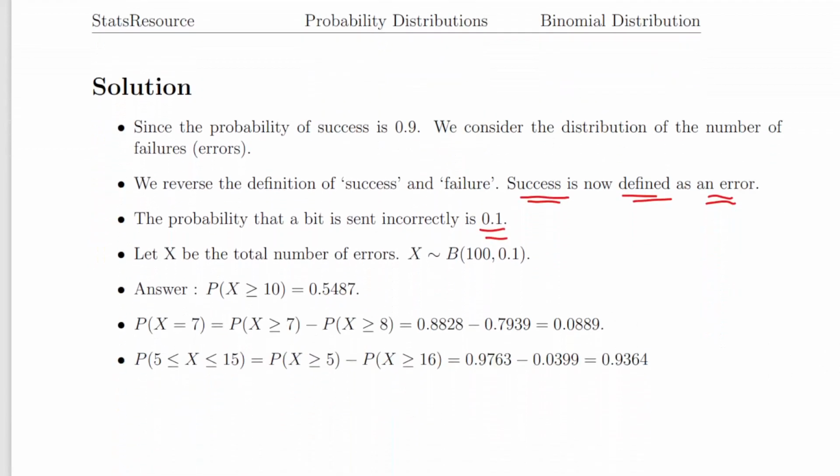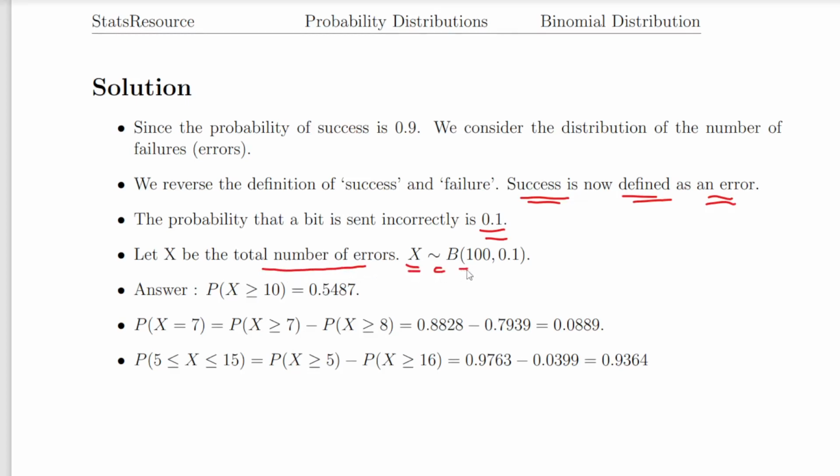First off, we should always state this: let x be the total number of errors, and x is a binomial random variable with n equal to 100 and p equals 0.1. Just a statement like this to start off is always useful when you're writing your exam paper, probably a little bit more than I wrote there.